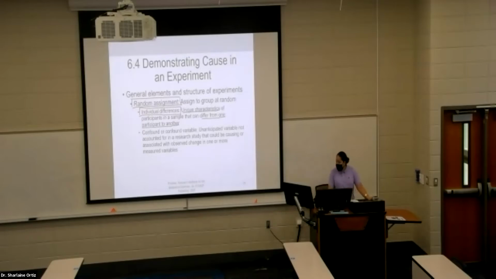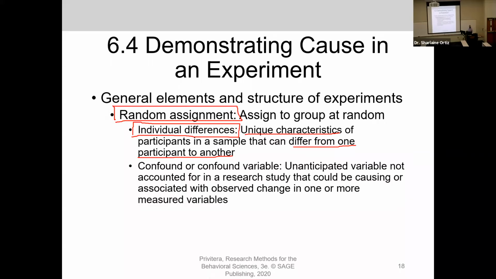Because now I have variability that didn't come from my independent variable. Now I have a difference that didn't come from that medication. Now I have a difference that came because every single one of you is unique. Look at that, your own little shining star, like a snowflake.